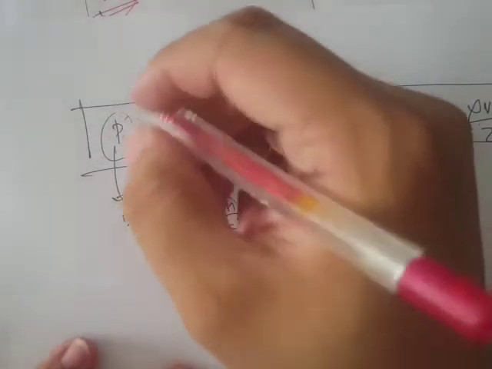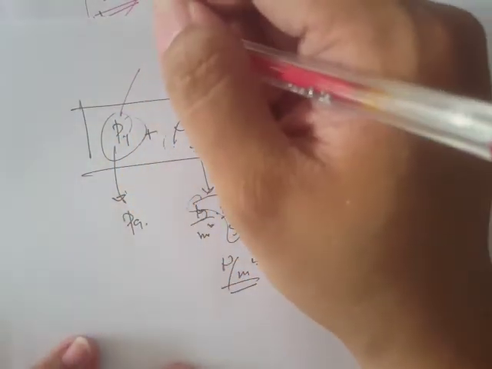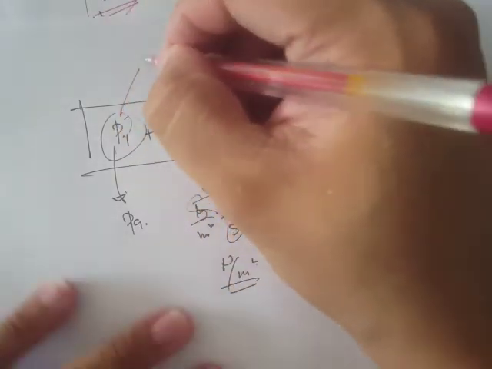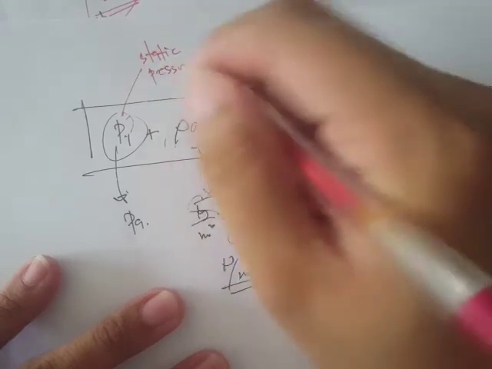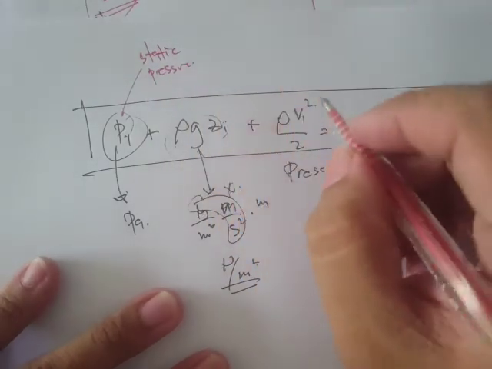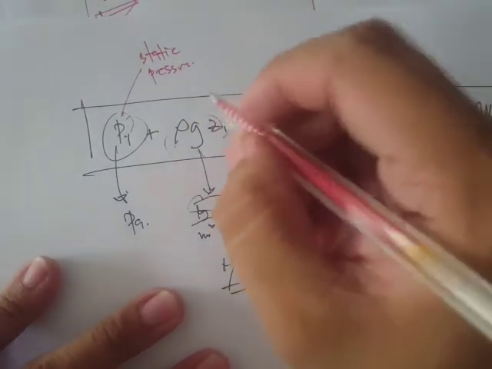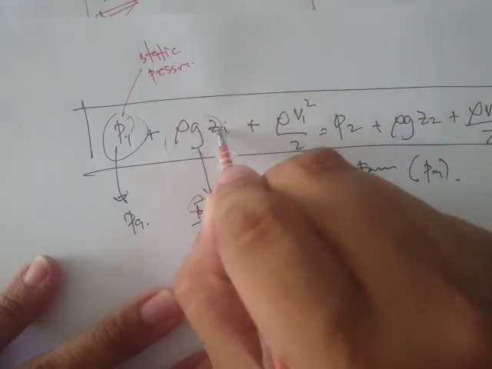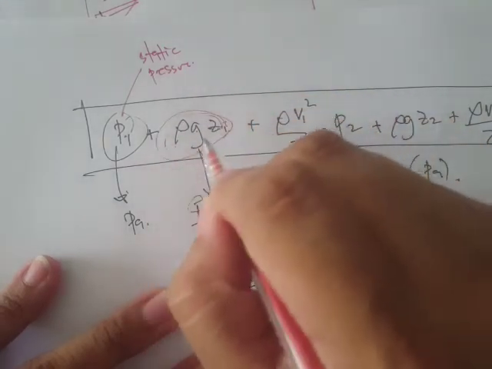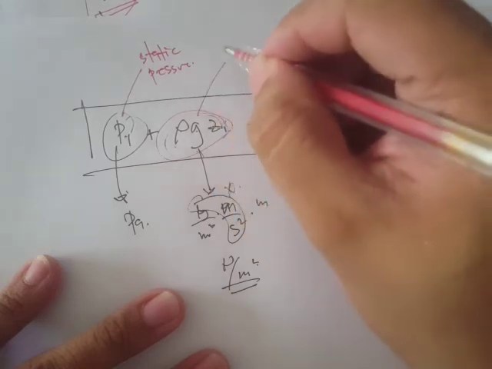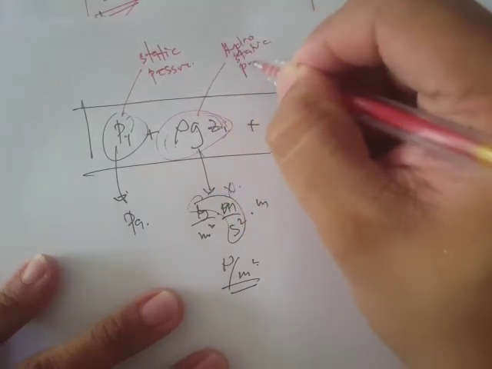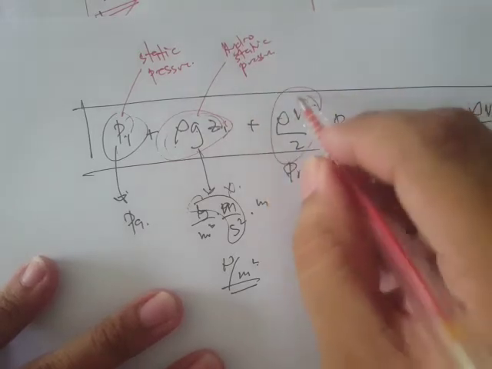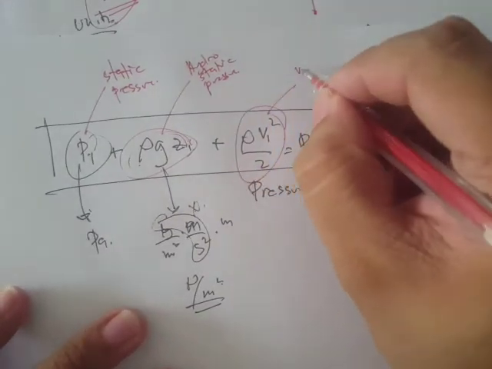Now for the terms, this one is referred to as the static pressure. Then this one is just rho g Z, so that rings a bell. This is simply the hydrostatic pressure. And then this one is called the dynamic pressure.